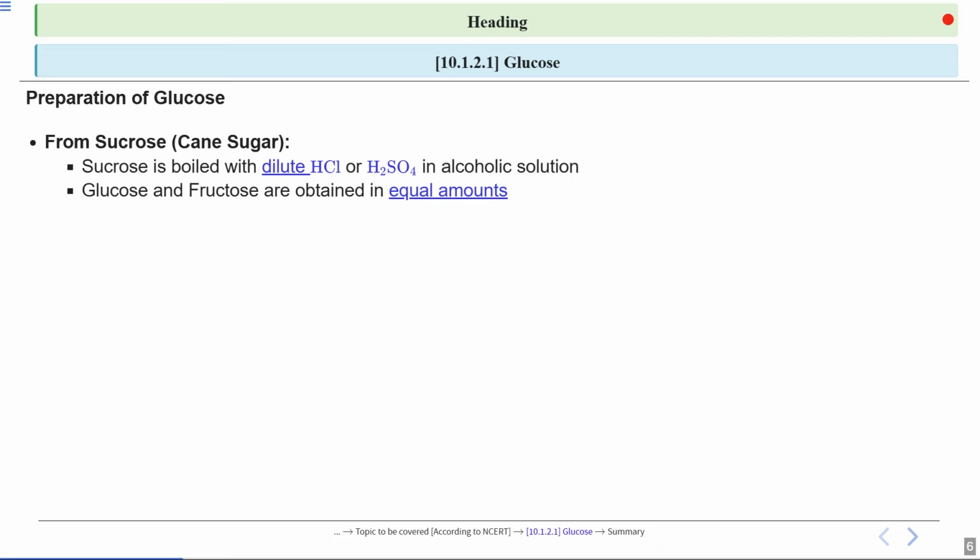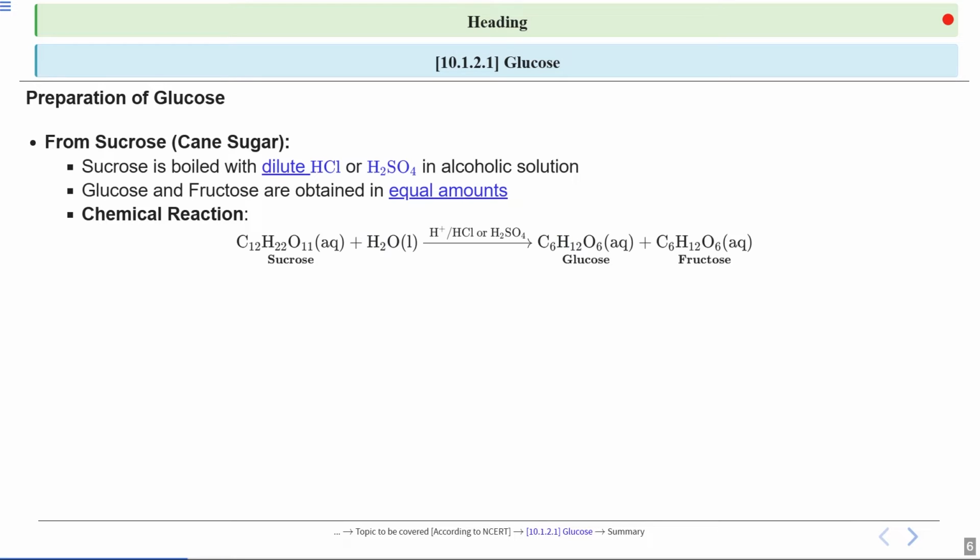So when we hydrolyze the sucrose, we get two products in equal amounts, glucose and fructose. Both are simple sugars or monosaccharides, and they have the same molecular formula but different structures. Now if we look at the chemical reaction for this process, we have sucrose, which is C12H22O11.